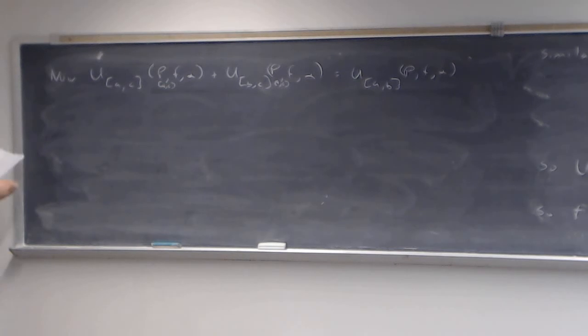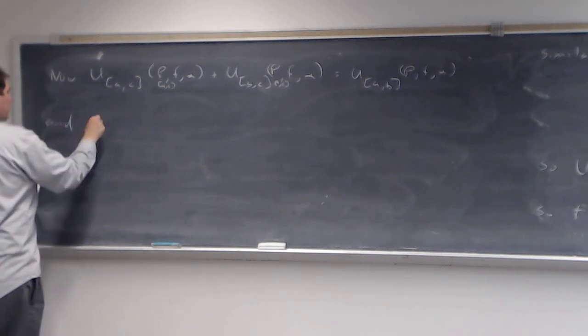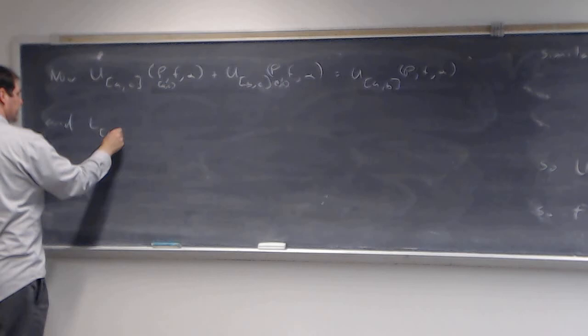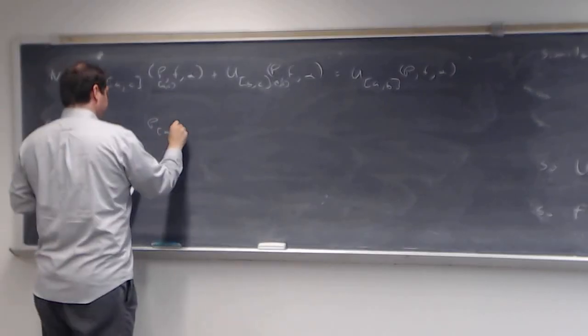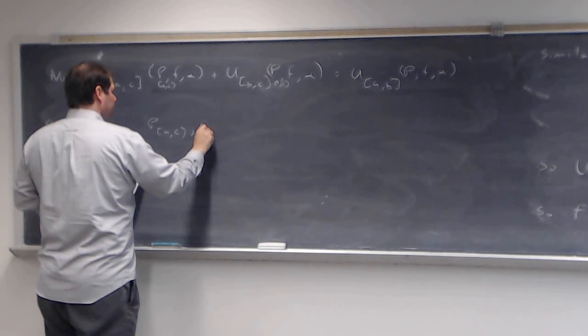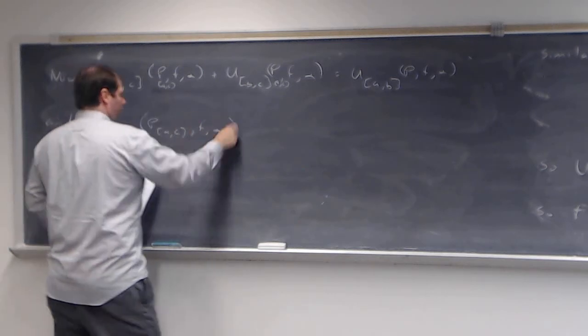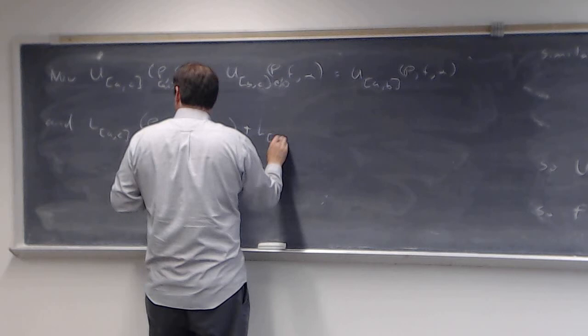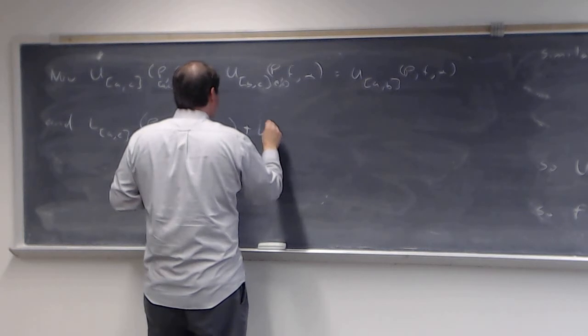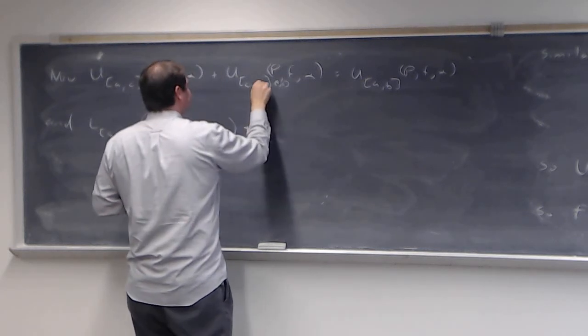Okay, and similarly, the lower sum, A to C, plus this lower sum. Again, this should be C to B. I made a mistake.